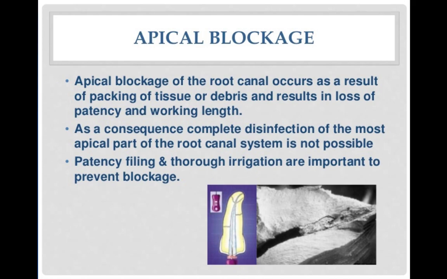Apical blockage of the root canal occurs as a result of packing of tissue or debris and results in loss of patency and working length. As a consequence, complete disinfection of the most apical part of the root canal system is not possible. Patency filing and irrigation are important to prevent blockage.